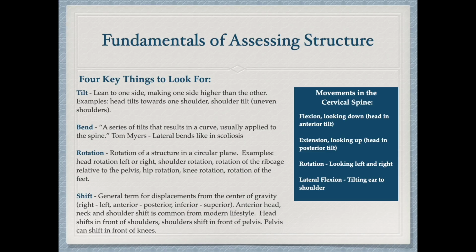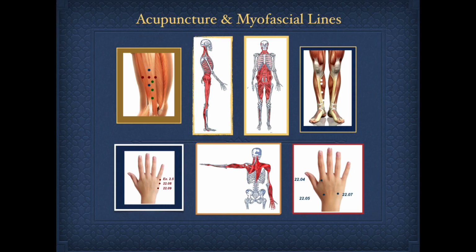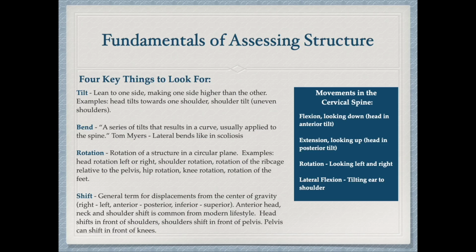But understanding this will also take you to a much deeper understanding of the meridians and the myofascial lines, as well as point actions and indications and Master Dong's points as well. So the 4 key terms that we need to understand are tilt, bend, rotation, and shift.